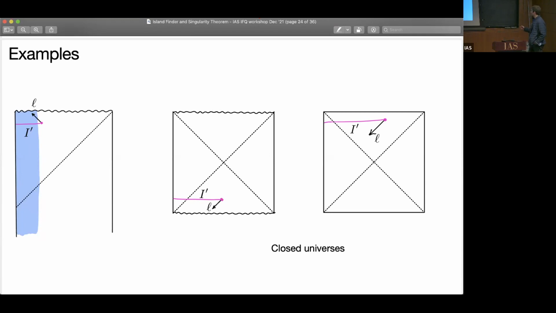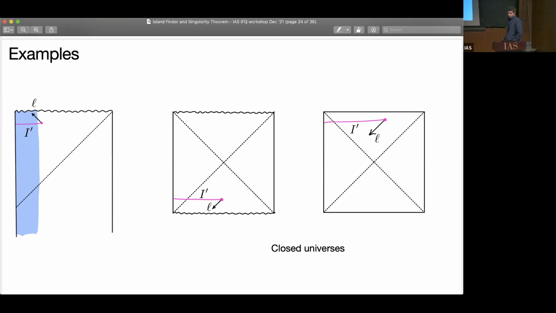And here's another example that Raphael likes to talk about. Consider de Sitter space. Now, de Sitter space doesn't have a singularity. It also doesn't satisfy the conditions of our theorem. But by moving I prime very late to the future, you can make the volume of I prime grow really large, larger than the area. I prime grows more rapidly than the area as time goes by.